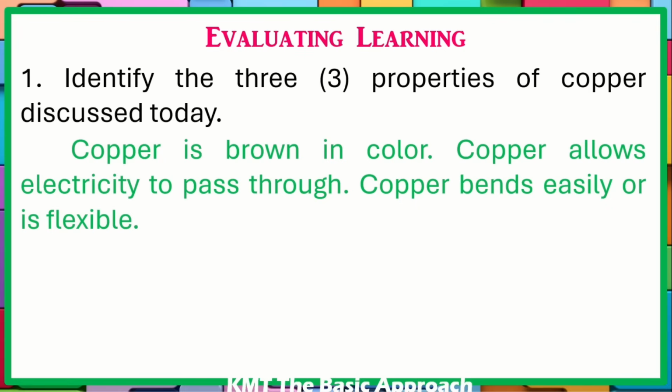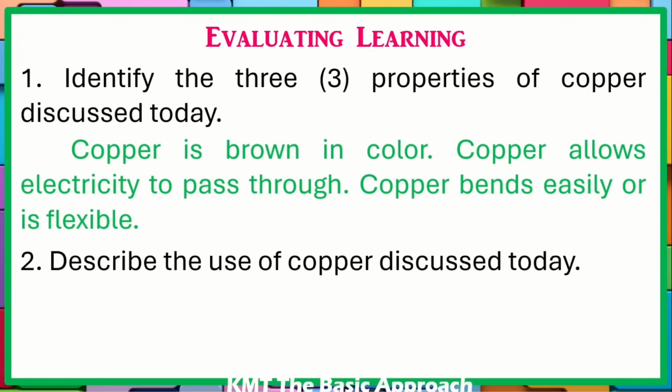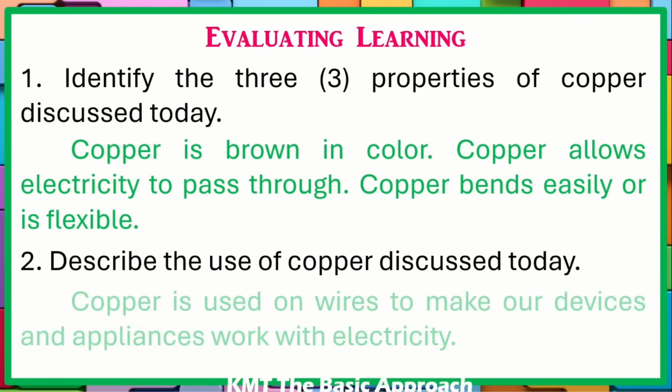Copper bends easily or is flexible. Number 2. Describe the use of copper discussed today. Good job! Copper is used on wires to make our devices and appliances work with electricity.